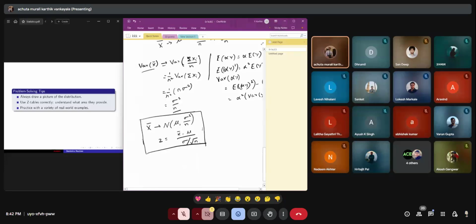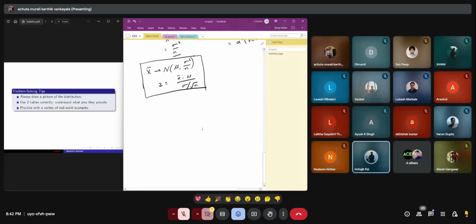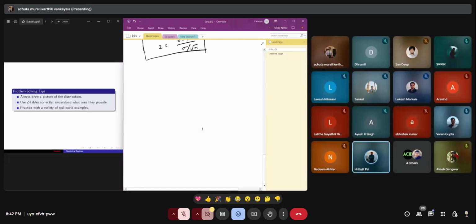Clear? Just one more thing: what is the real life difference between variance and standard deviation?